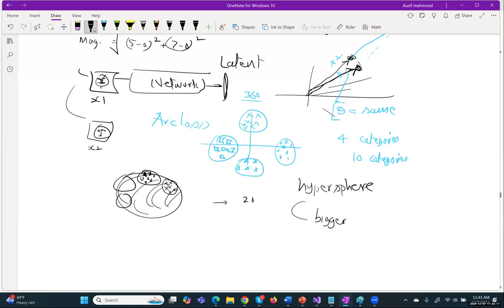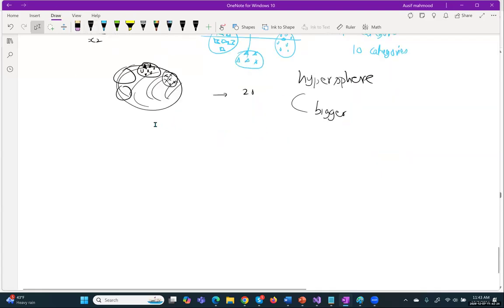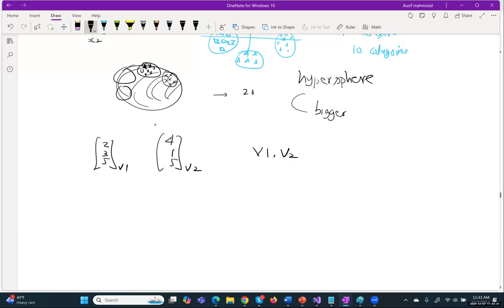So to give you a tiny bit more background, how do we go into this angle domain? If I give you two vectors in 3D space, remember this is called the inner product.